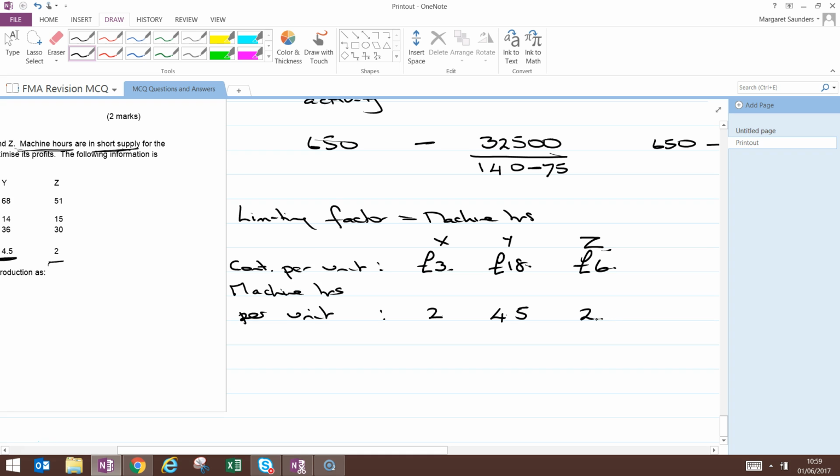The next step is to work out the contribution per machine hour. Right. And a good tip is always to think of per as divide. So we're doing contribution divided by the machine hours. Product X, contribution £3, divided by the machine hours of 2.